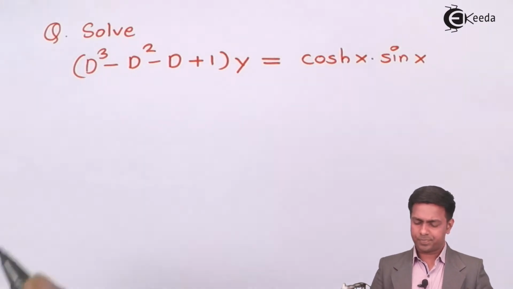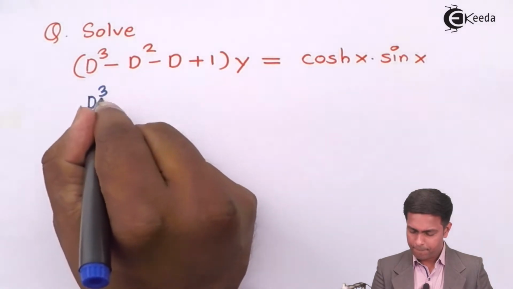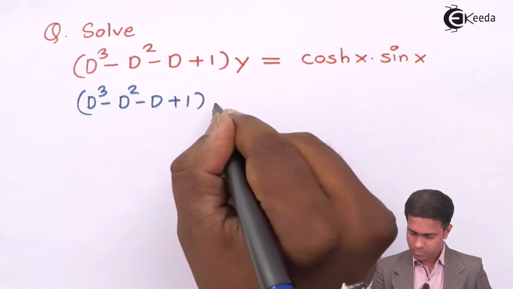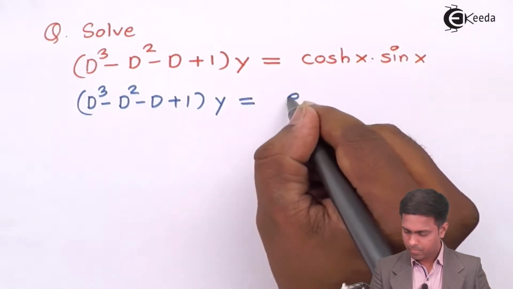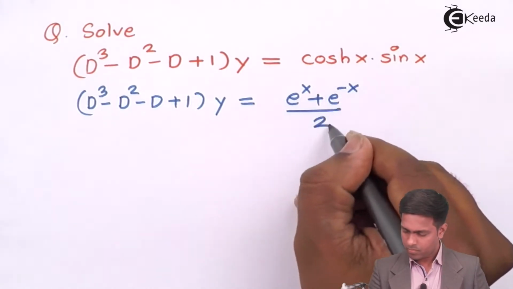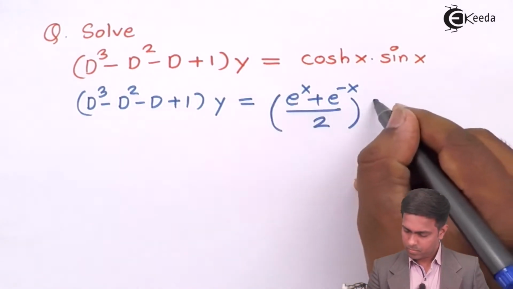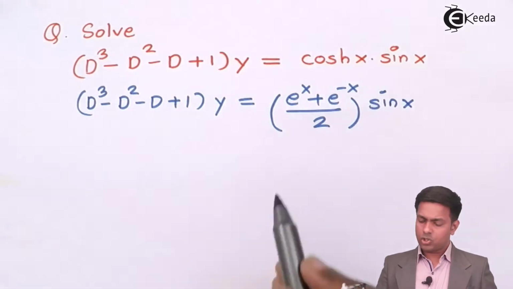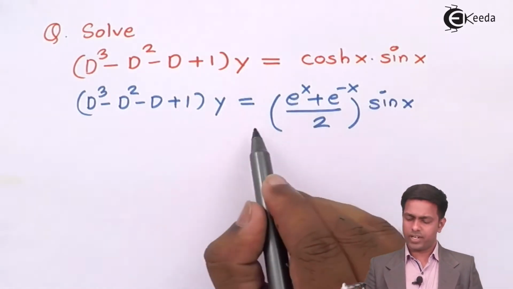So here, this is the right hand side. 1 upon 2 is a constant, so it will come outside.